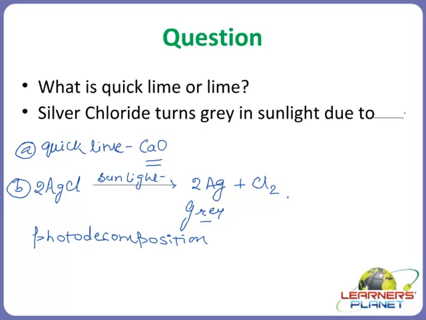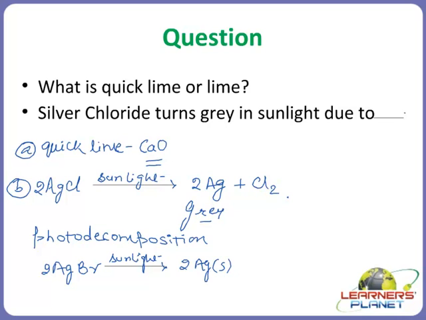There is another compound which undergoes photo decomposition, and that is silver bromide, that is 2AgBr. When it is heated in the presence of sunlight, it gives what? It is decomposed into silver solid, which is again grey in color, right?